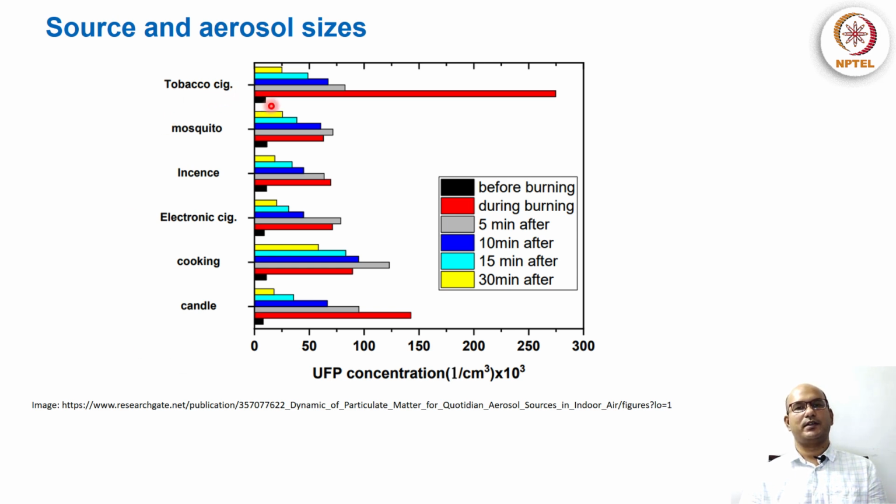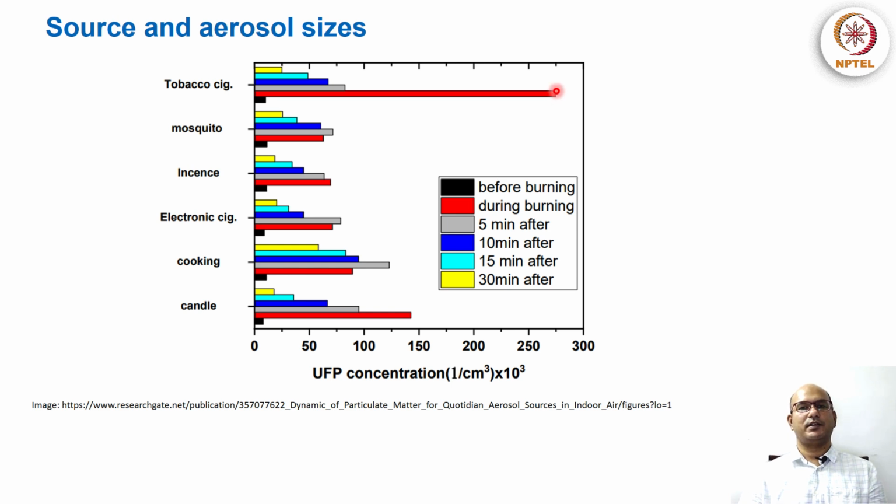So in this way we see first the tobacco cigarette. Before burning there is some background. During burning, the background is less than 25, more like 10,000 per centimeter cube, and just during burning it goes up to 250,000 to 270,000, almost a 30 times increase.